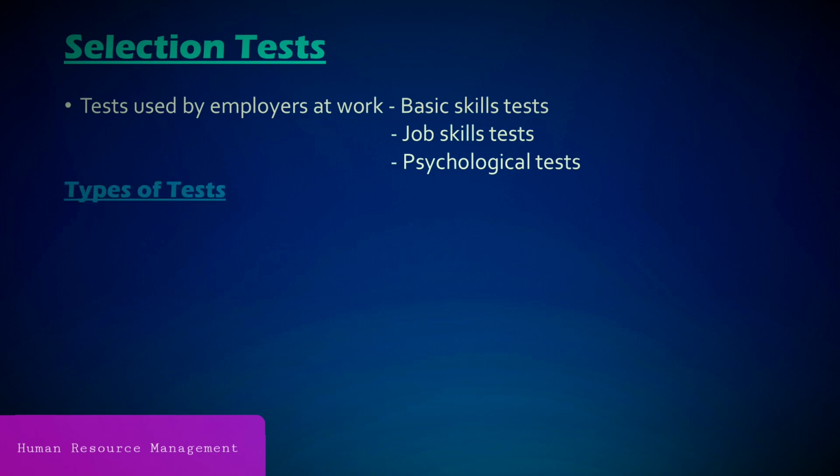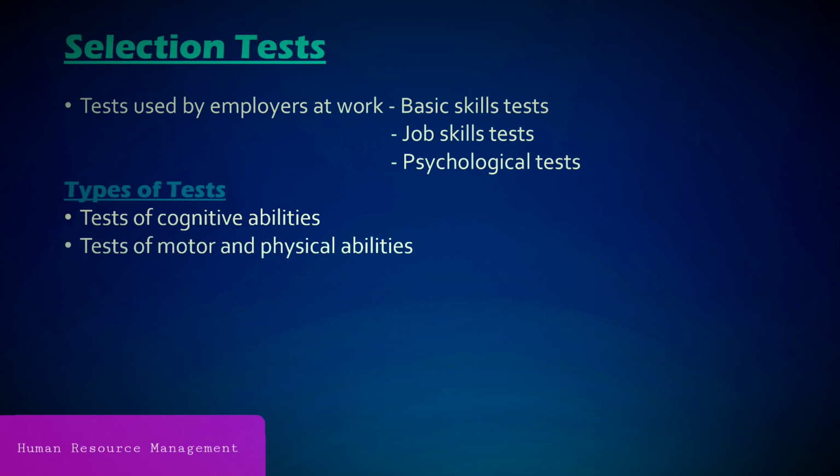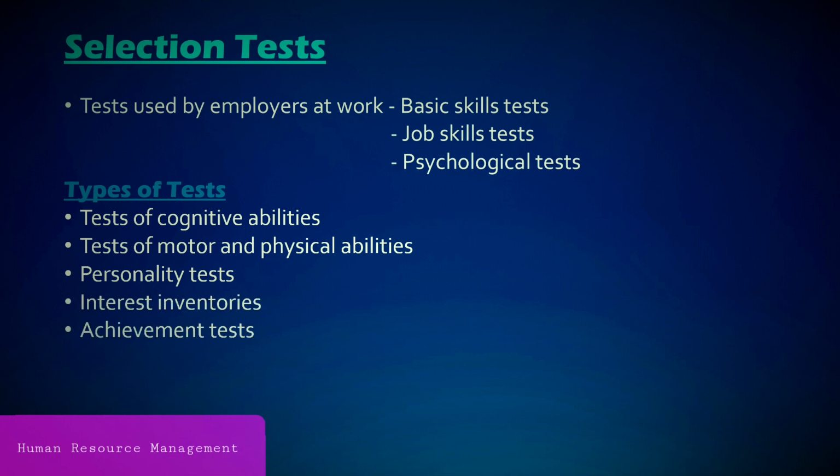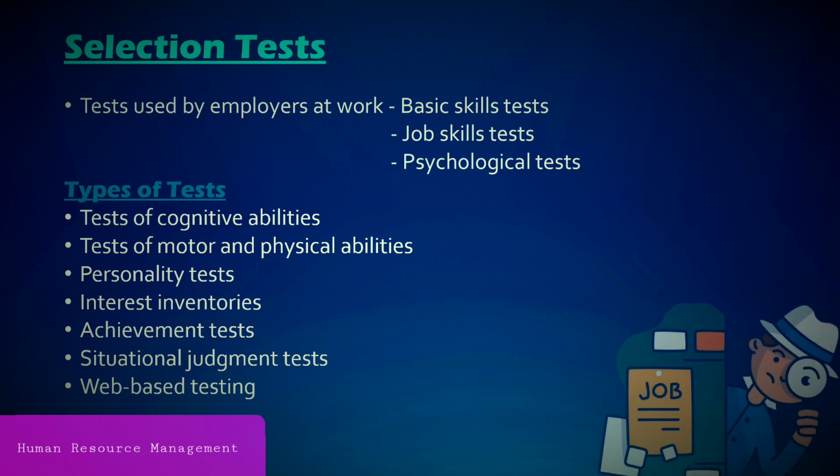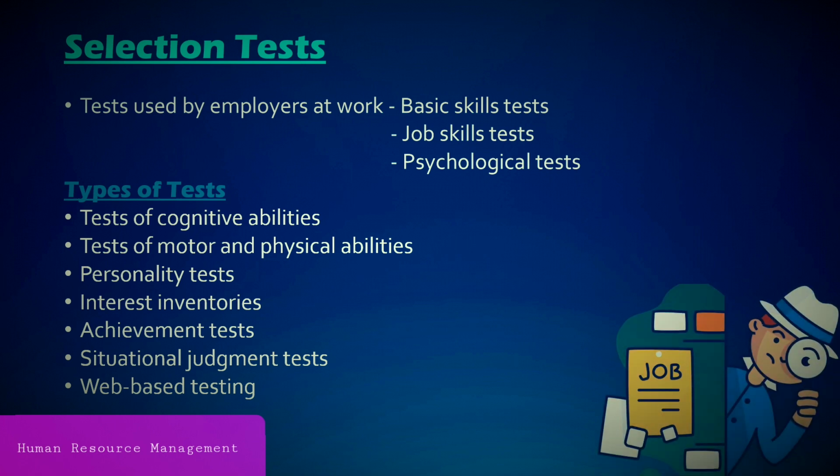They are tests of cognitive abilities, tests of motor and physical abilities, personality tests, interest inventories, achievement tests, situational judgment tests, and web-based testing. We'll move on to the next slide.